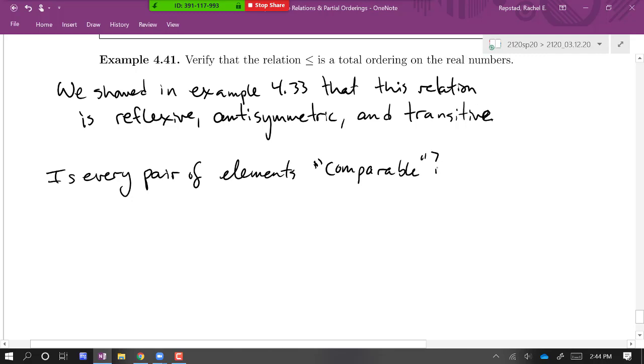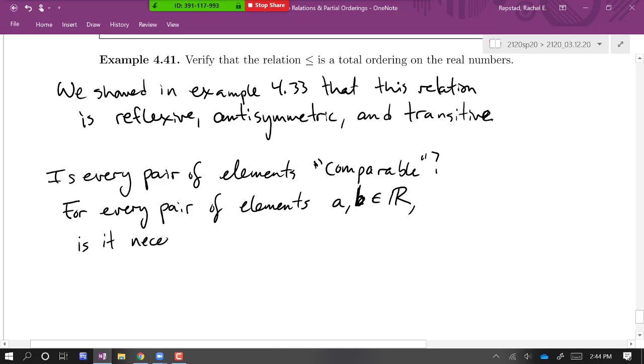In other words, if I grab two random real numbers, for every pair of elements A and B in the reals, will you always be able to say that either A is less than or equal to B or B is less than or equal to A?